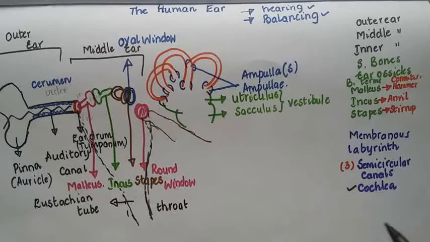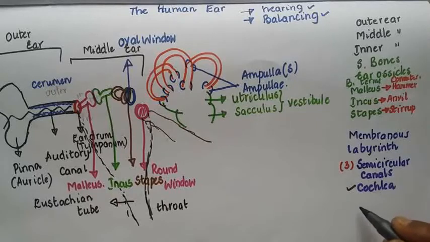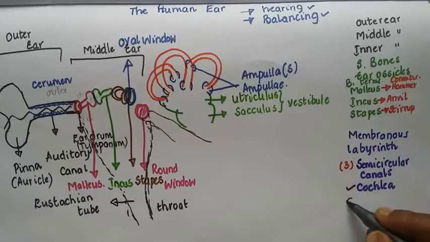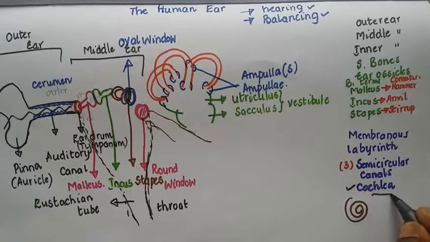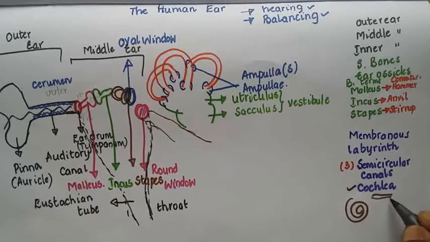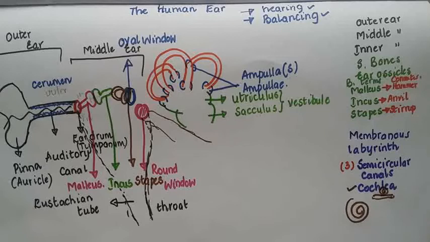You can say it is a highly twisted organ which looks like the shell of a snail. If you observe a snail, on its topmost portion you find a shell. So you can compare the shell of a snail to the cochlea.